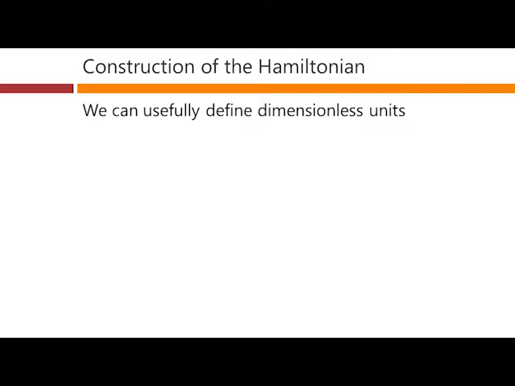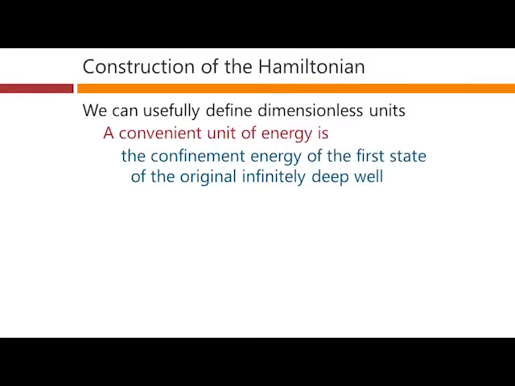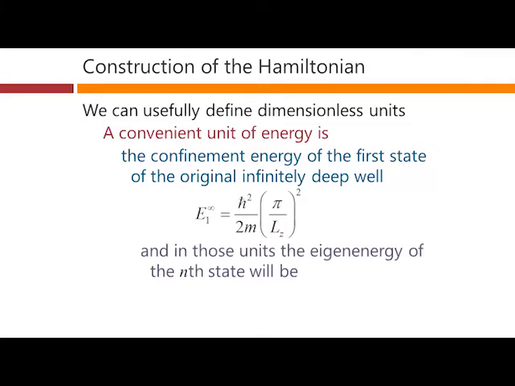We can usefully set this problem up in dimensionless units. A convenient unit of energy is, rather obviously, the energy of the confinement of the first state in the original infinitely deep well, so E1 infinity. And in those units, the eigenenergy of the nth state of the problem will be eta n in dimensionless form. That's the actual energy of the nth state in our real problem, including the field, divided by E1 infinity, our unit of energy.